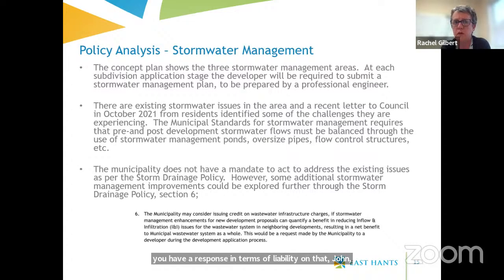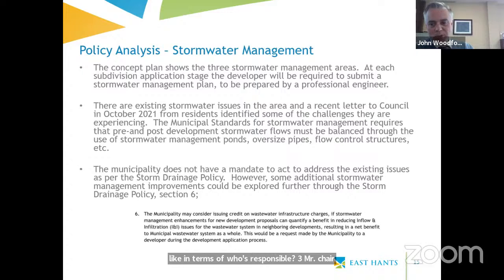Like in terms of who's responsible? Through Mr. Chair, ultimately it would be the developer and their design engineer that are responsible. They have to design something that balances pre and post. And if for whatever reason they don't achieve that, then that is a civil issue, and the engineer or the developer could be held liable.